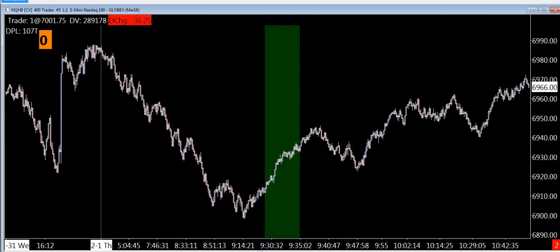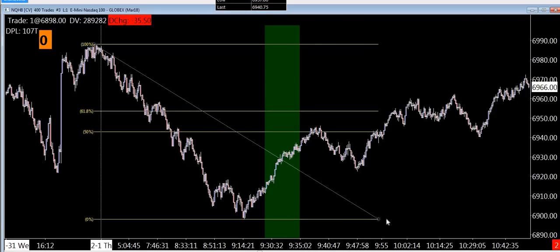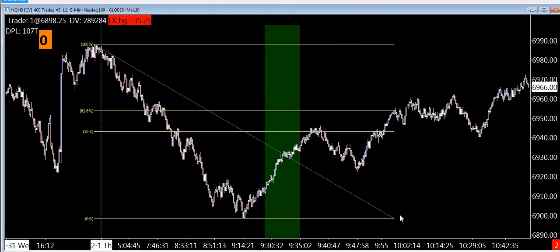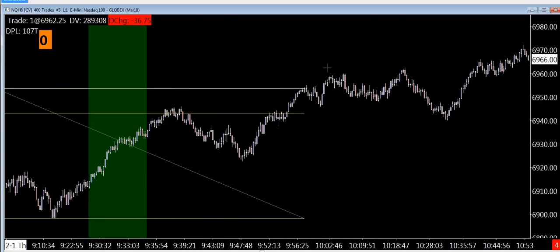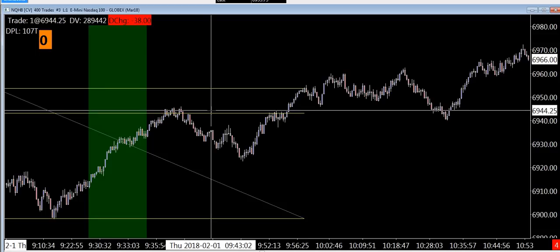Okay, so here's a Thursday. You got this big move down, and guess what happens? All the engagement is beginning at the 50% pullback level. Quite interesting. So you got this 2B right over here, and it breaks. You take a pullback to the 2B, and down she goes.